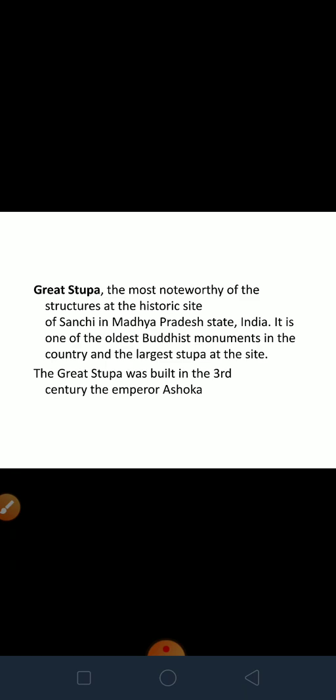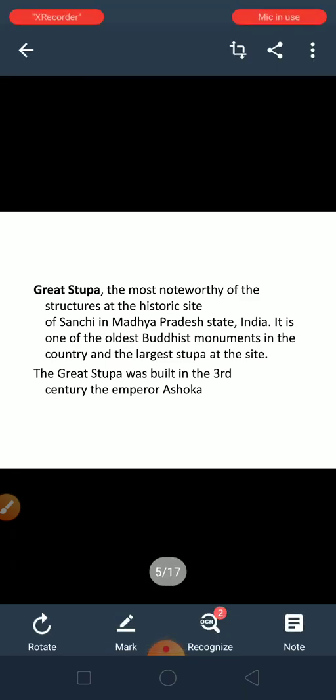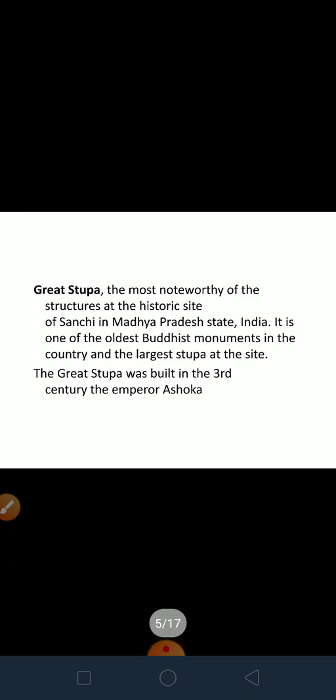It's situated in Sanchi, the name of a city in Madhya Pradesh, India. It's one of the oldest Buddhist monuments in the country and the largest stupa that we can see. It was built by Emperor Ashoka in the 3rd century, and now we are in the 21st century.